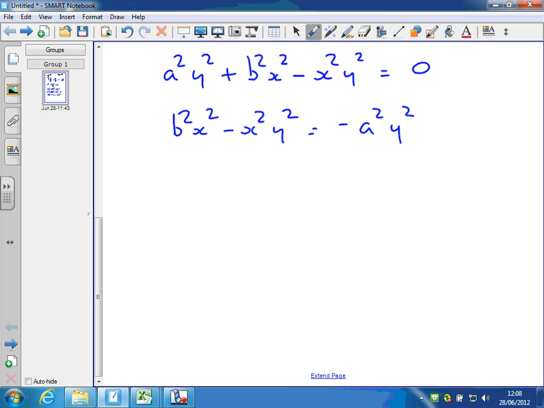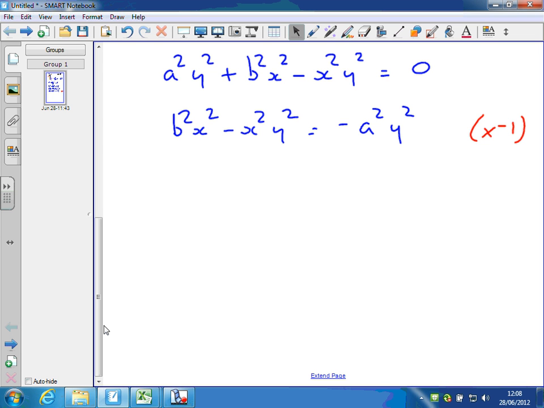Okay, there's a couple of ideas in my mind going now. One is to factorize. Take x squared outside the bracket on the left-hand side. The trouble is this minus a squared y squared on the right-hand side here. If I were to multiply every term by minus 1, then I'd get rid of that negative on the right-hand side.